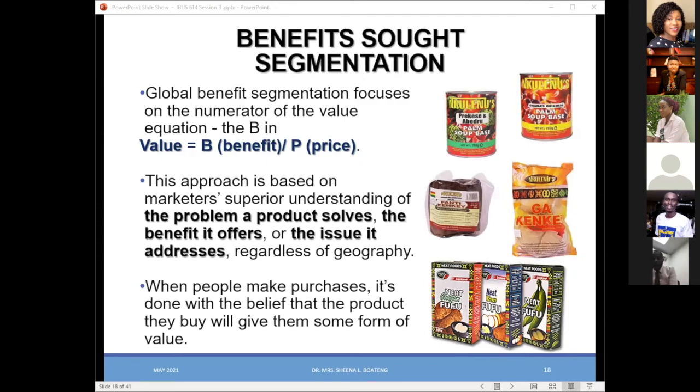There are Ghanaians on YouTube who have filmed themselves abroad using the product, even before they came to do the celebrity launch in Ghana. So it goes back to what Tara said, that ultimately it will trickle down from the international market to the local market, and it will become what is preferred. Okay, so that is it for benefit sort.